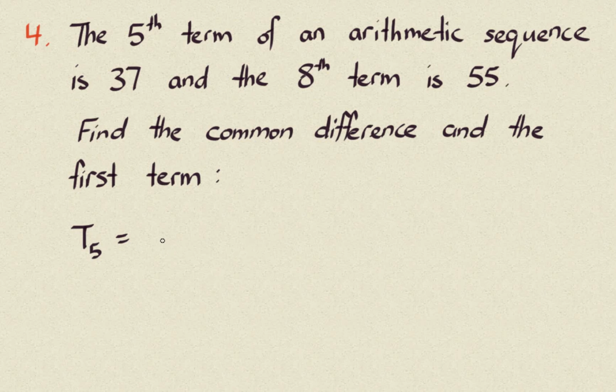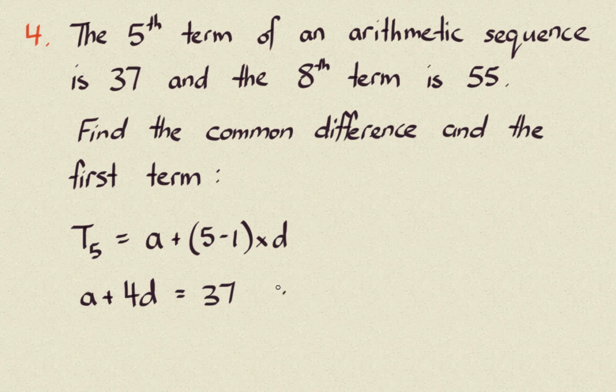Using our formula of a plus n minus 1 times d, we don't know a yet, but we do know n. In this case it is 5. And we don't know d. We know that this fifth term, however, is actually equal to 37. So we can say that a plus 4, 5 minus 1 is 4, a plus 4 lots of d is equal to 37.